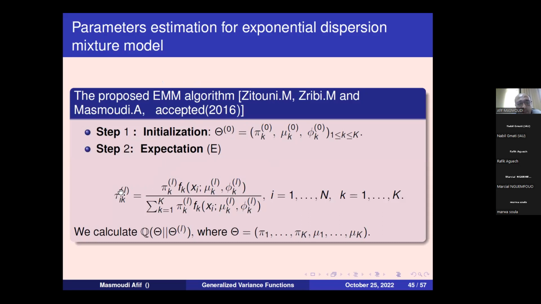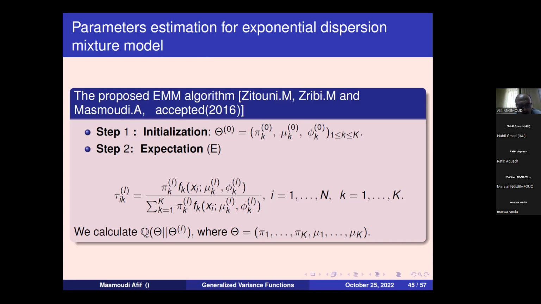In the second step, we compute the posterior probability that an observation belongs to the class k.